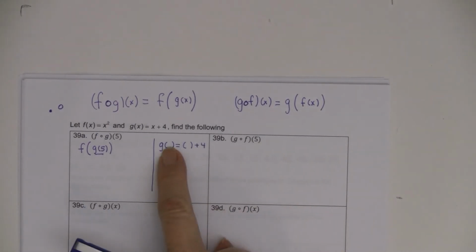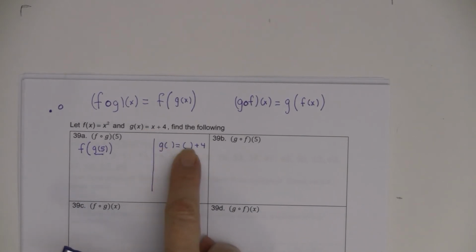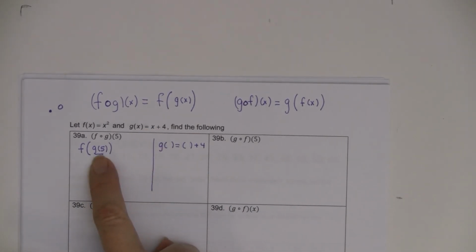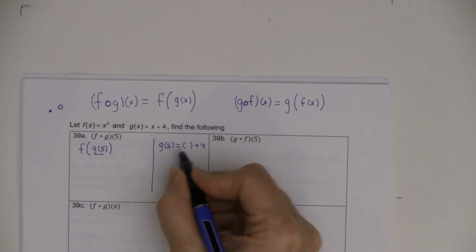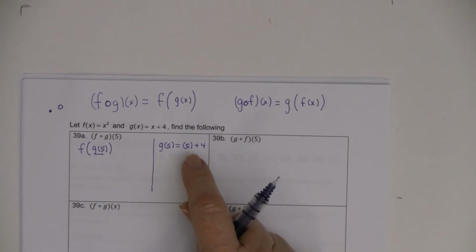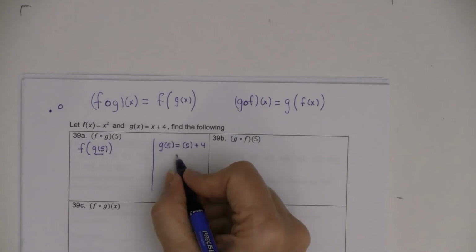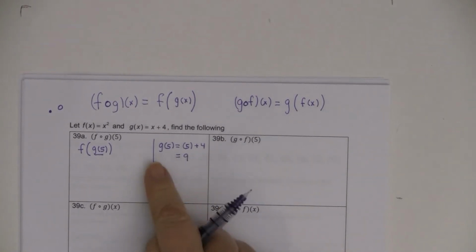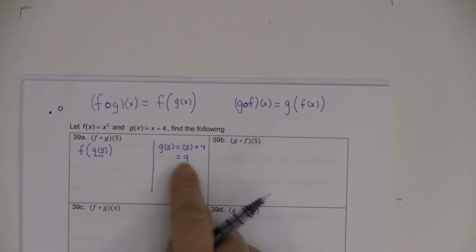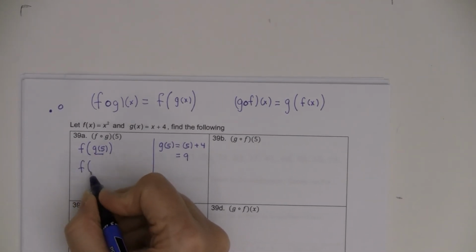And whatever you put into the parentheses, they have the dummy placeholder x, but they're saying now put in 5. And so when we put in 5, we get 5 plus 4. So this function notation is some substitution, right, that we're using right here. 5 plus 4 is 9. So G at 5 is 9.